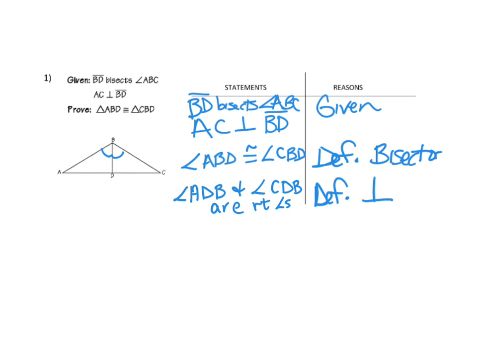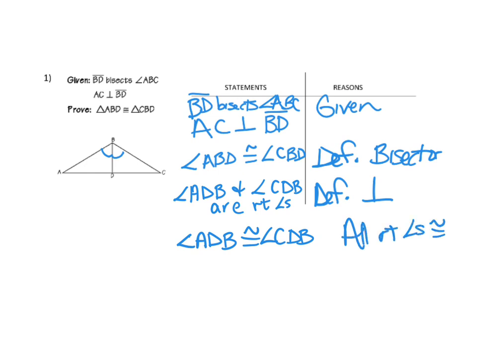Got it. If you have right angles, then what do you know about them? And this goes back to the bottom of your sheet. All right angles are congruent. Oh, all right. I just said that these 2 angles are right angles. That must mean they are congruent. Angle ADB congruent to angle CDB. The reason? Let's just write it. All right angles congruent.